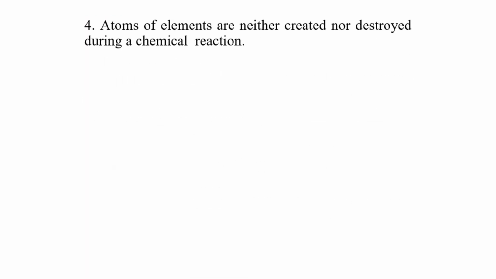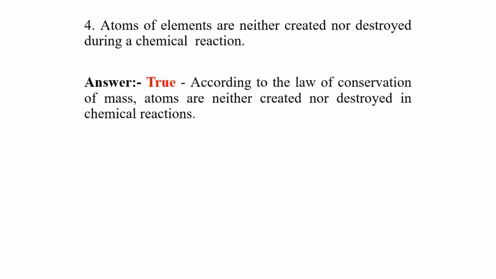Question number 4. Atoms of elements are neither created nor destroyed during a chemical reaction. The answer is true. According to the law of conservation of mass, atoms are neither created nor destroyed in chemical reactions.